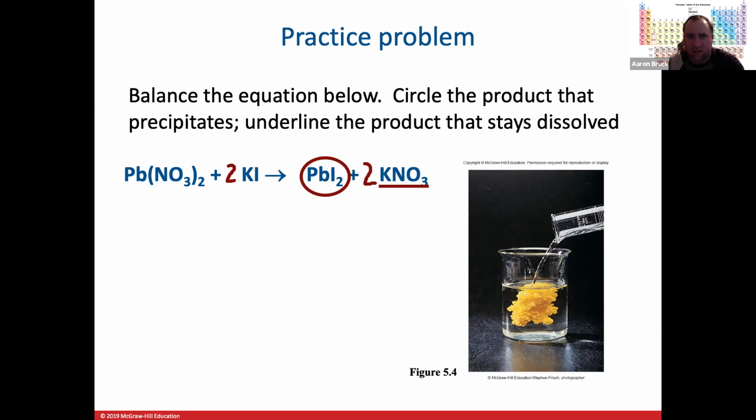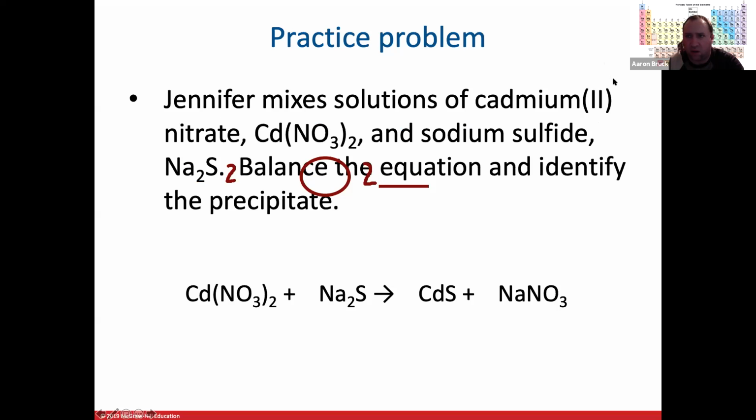All right, then let's move on to another. Got another practice problem here. We're mixing solutions of cadmium 2 nitrate and sodium sulfide. We need to balance the equation to identify the precipitate.